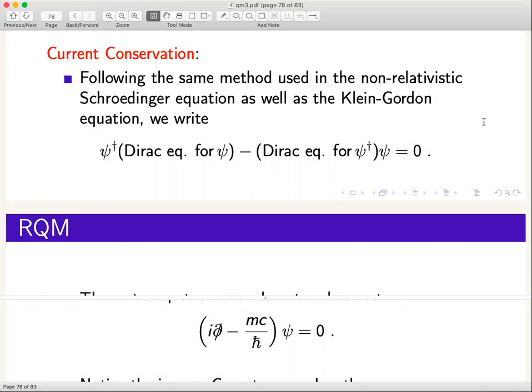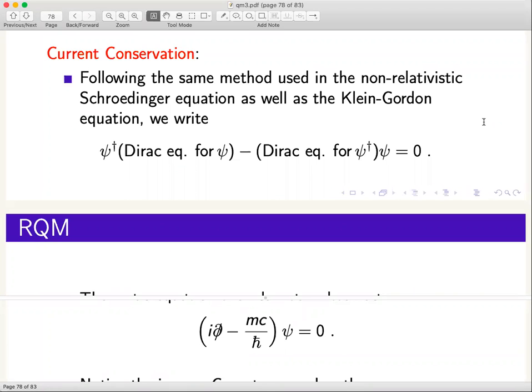Let me put it a little more physically, which would probably be more appealing. Suppose you look at the Schrodinger equation, and suppose you have some potential and you are trying to write down the Schrodinger equation in the classically allowed region. The wave function takes some form.